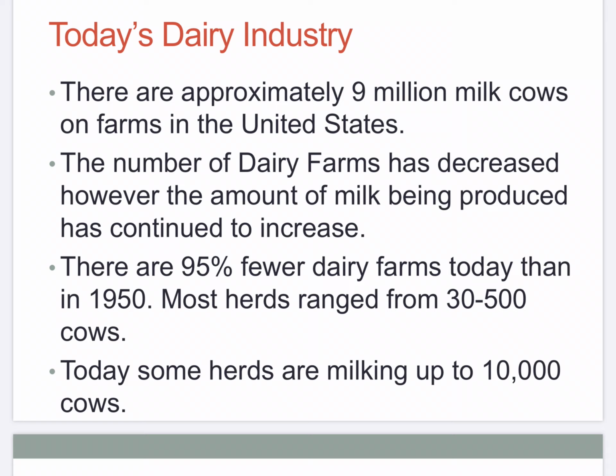Today, some herds are milking up to 10,000 cows. So the number of dairies has decreased steadily. Okay, we're on your worksheet. The number of dairy cows has decreased. The number of cows per dairy has steadily increased. Rate of milk production per cow and total U.S. milk production have steadily increased.